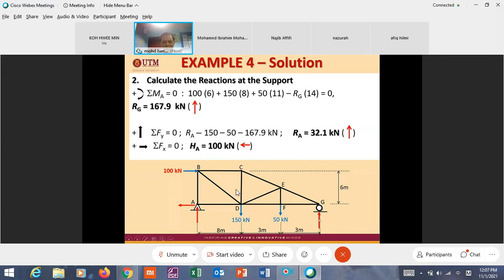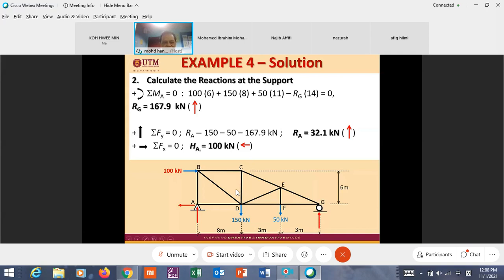Oh, okay. No, this one is correct, this one upward. But this one, why is it negative? It should be positive here, because it is upward. I'll check later on. You check here.